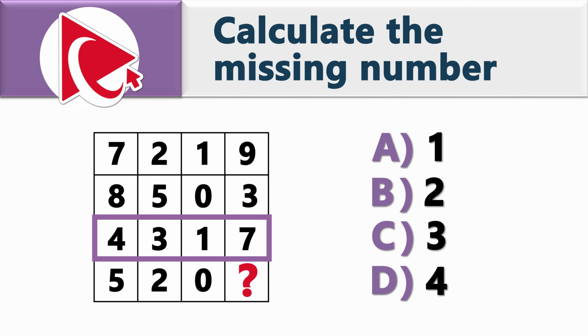Row 3 has numbers 4, 3, 1, and 7. And row 4 has numbers 5, 2, 0, and then comes the missing number, which you need to calculate and select out of 4 possible choices. Choice A, 1, choice B, 2, choice C, 3, and choice D, 4. Examine this problem closely to see if you can get to the correct solution.